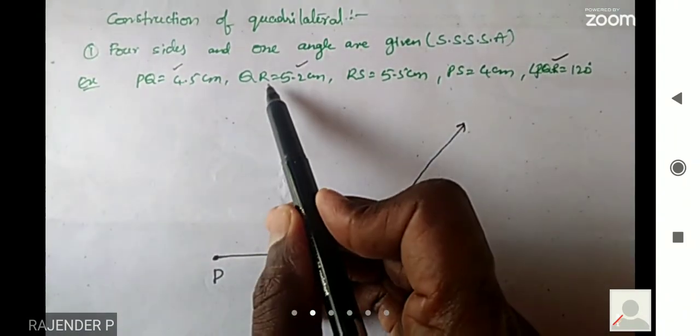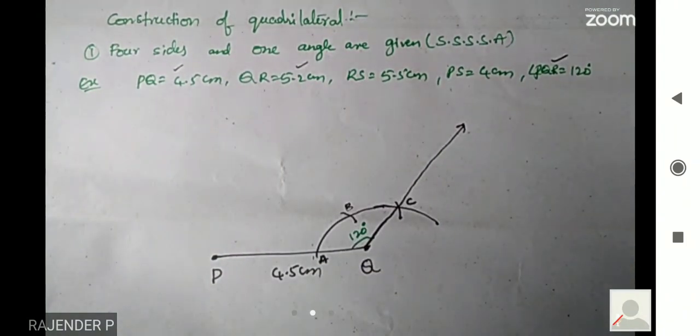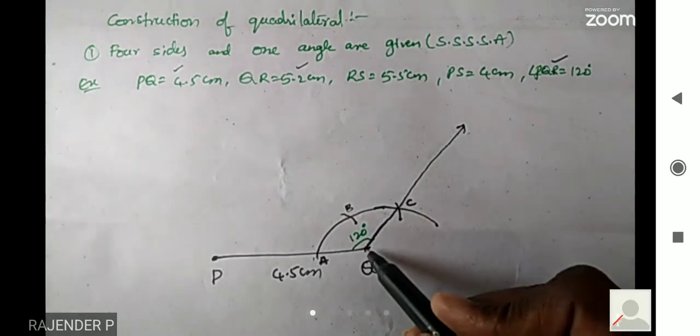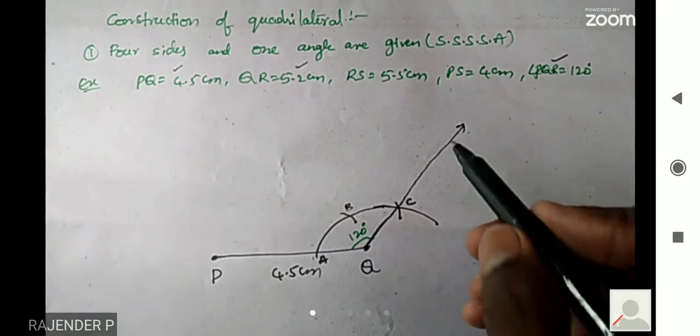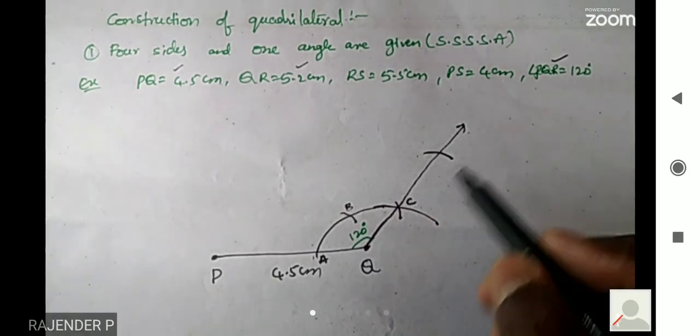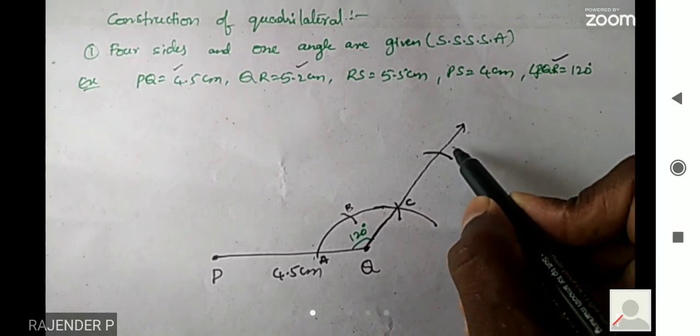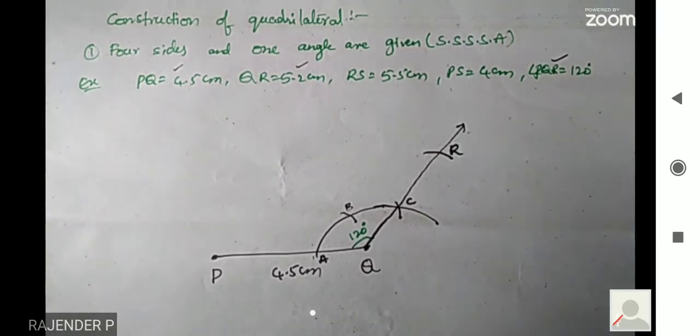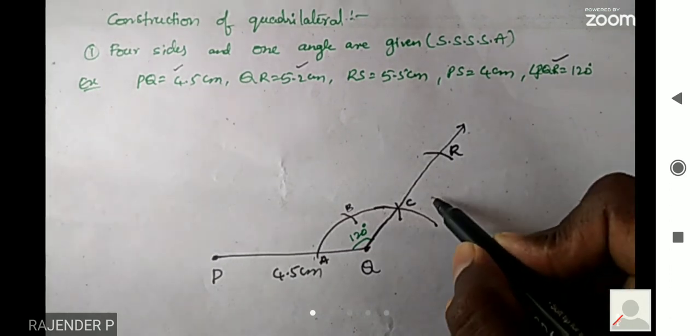Next we have to take this side, QR, which is 5.2 centimeters. So at Q we have to place the compass and draw an arc to cut the ray at R with 5.2 centimeters radius.